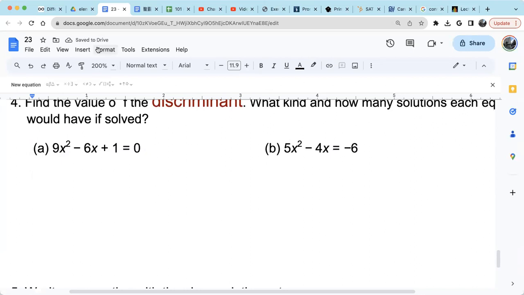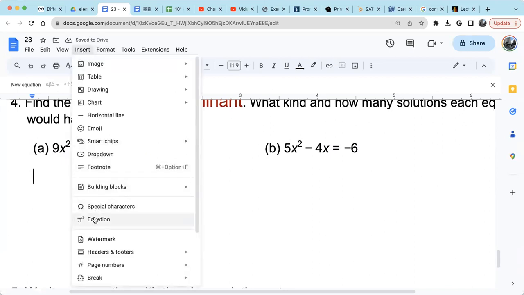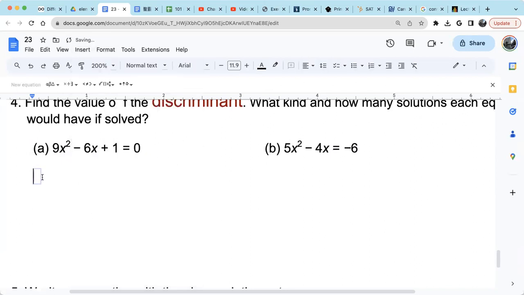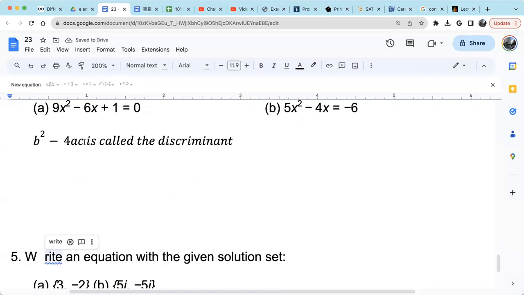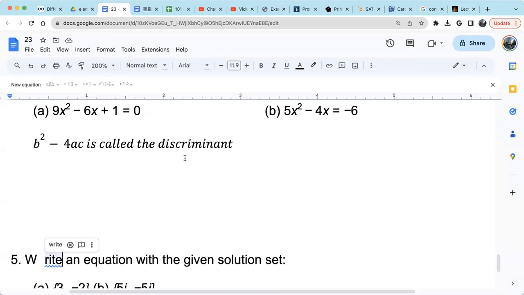Remember, in the quadratic formula, we have a square root of b squared minus 4ac. So the b squared minus 4ac is called the discriminant.